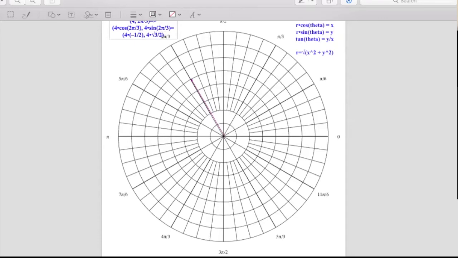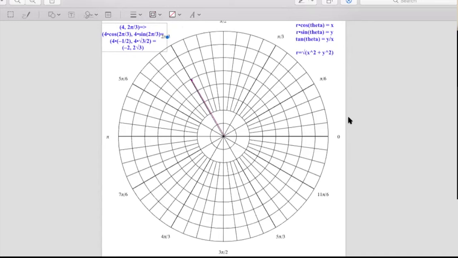Okay. And when I do that arithmetic, what do I get? I get negative 2, comma, 2 square root of 3. And that's all really pretty straightforward. All you're doing is plugging these things into here.